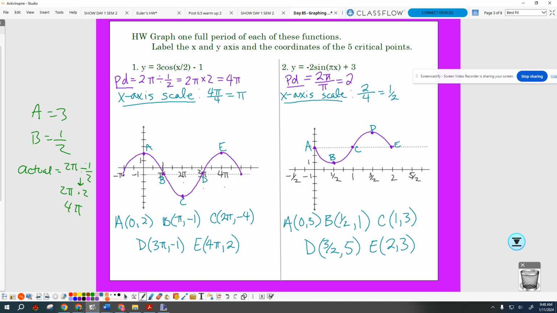Okay, so B also stands for frequency. So this says the frequency is a half. What does it mean? Frequency is a half. It is how fast the ups and downs go, and how far apart they are. It means a normal period for sine and cosine is 2 pi. So it means I am going to see 1/2 of the wave in 0 to 2 pi.